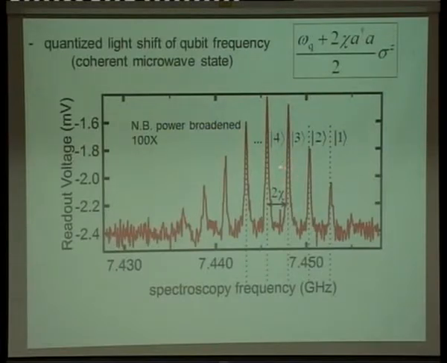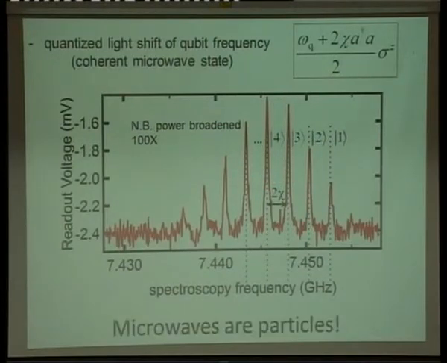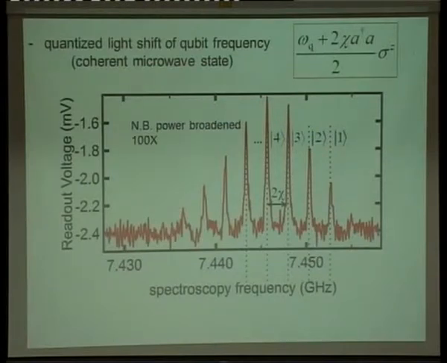And you see they're well separated, and actually their separation in units of line width is 100 times bigger than it looks here, because these lines have been power broadened to make the measurement easier to do by about a factor of 100. So this is, again, about 1,000 line widths.